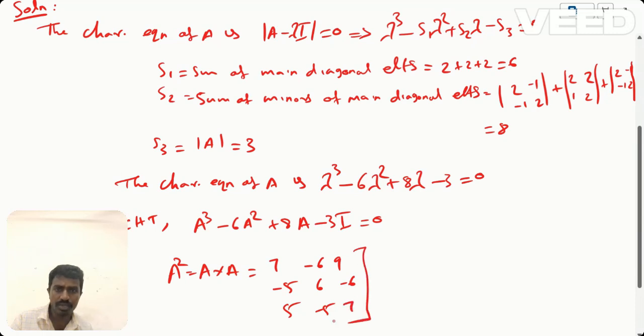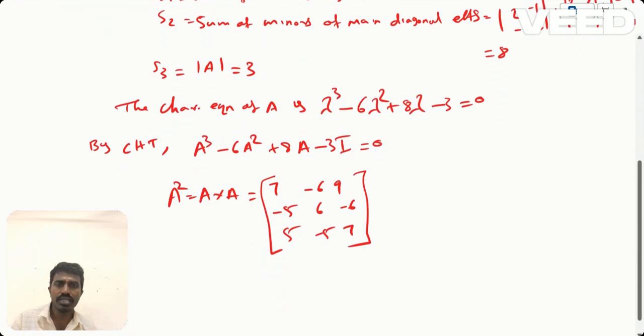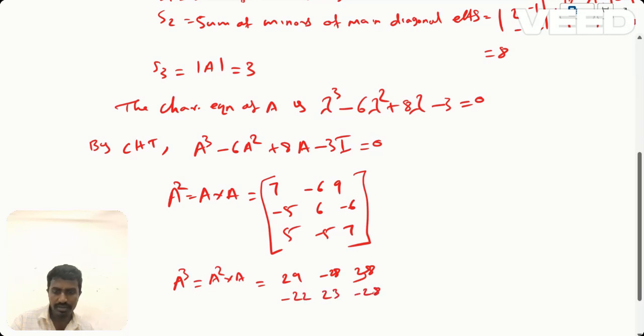If you don't know the matrix multiplication, then go through the video of matrix operations. Similarly, find A cube. A cube is either A square into A or A into A square. Then you get 29 minus 28, 28, 38, minus 22, 23, minus 28, and 22 minus 22, 29.